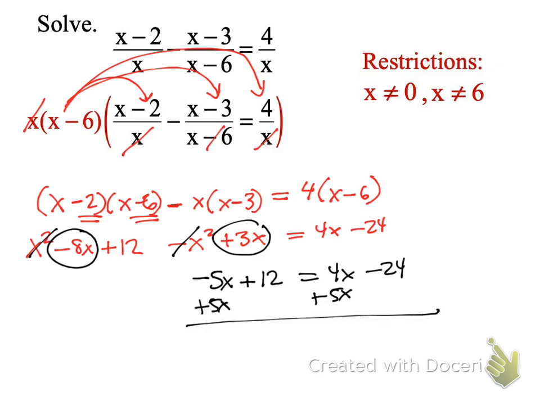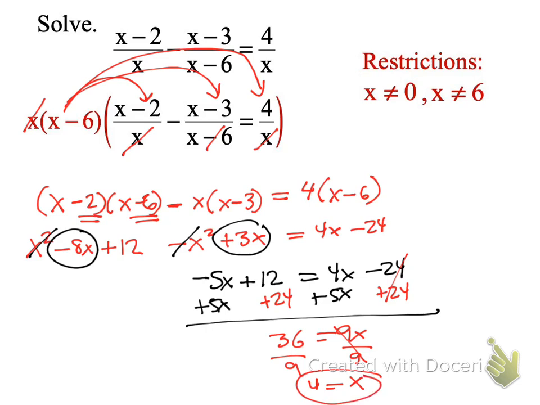I'm also going to add 24, add 24. 9x equals 36, divide by 9, and x equals 4. Does that work? So this actually only has one solution. All right, can I erase that?